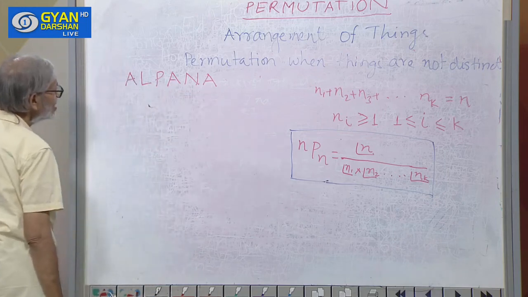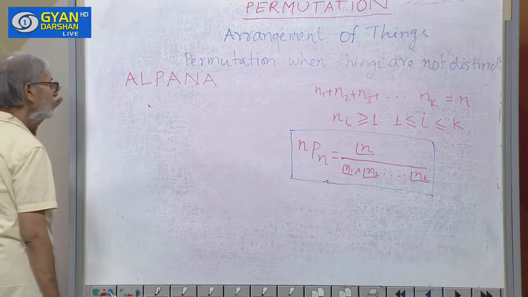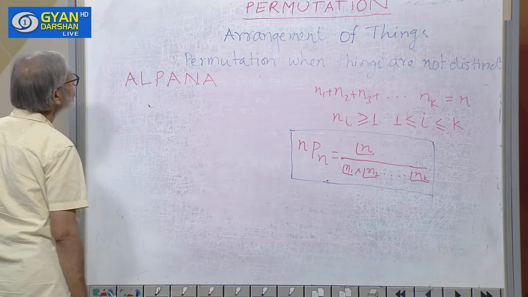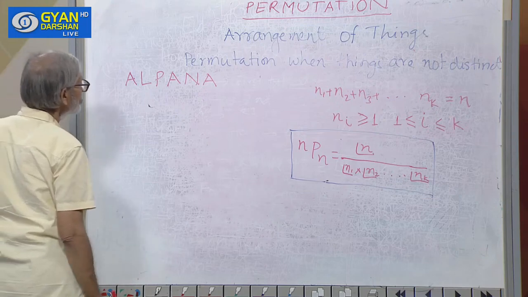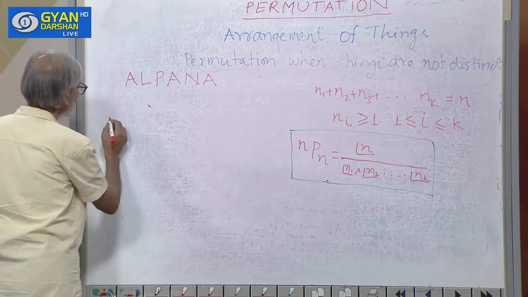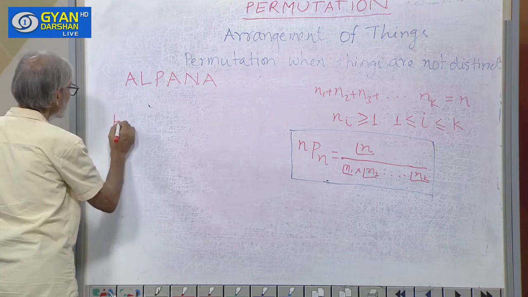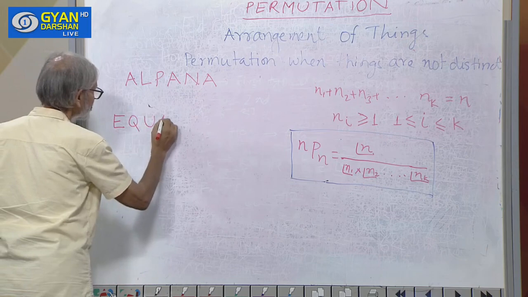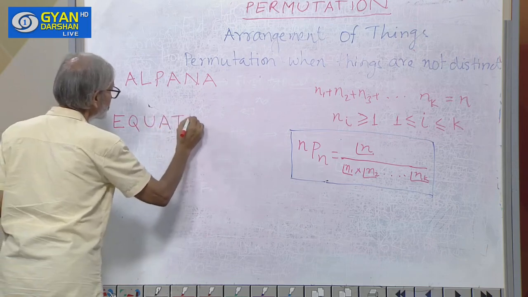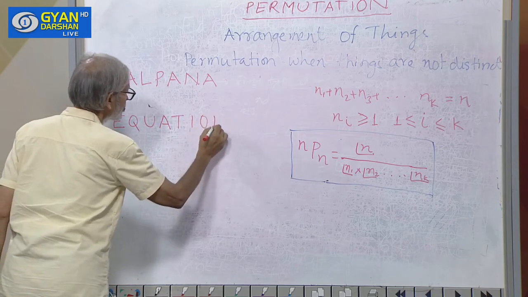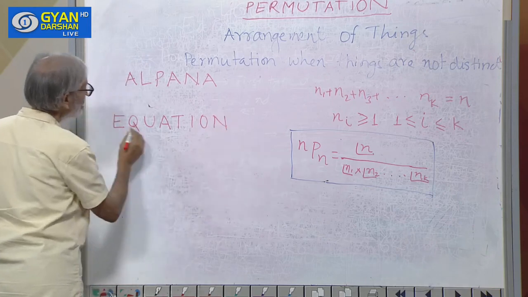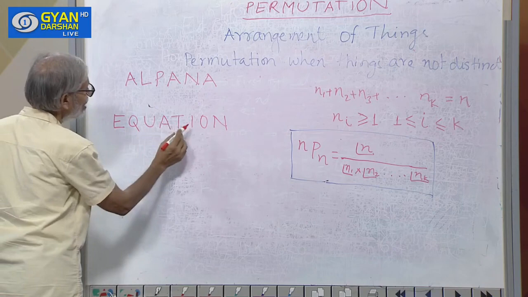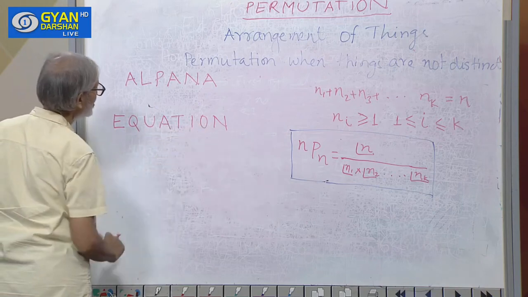So, with these 6 letters, how many words can be made? If all the letters are distinct, such as, let us take another example, equation. All the letters are distinct, 1, 2, 3, 4, 5, 6, 7, 8.